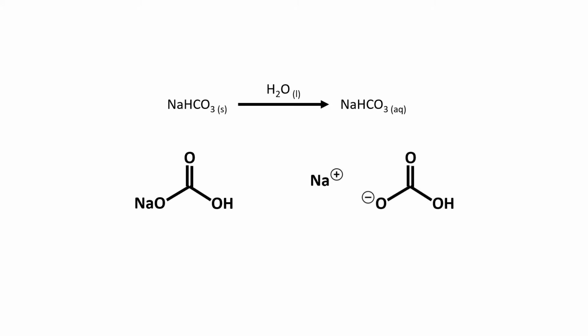So you get your sodium plus, in other words, it's lost an electron, and you've got your hydrogen carbonate minus, which has got an extra electron. And so we've got this charge separation where you've got a plus and a minus. And this is how they dissolve into solution, and you have these separate species that can react.